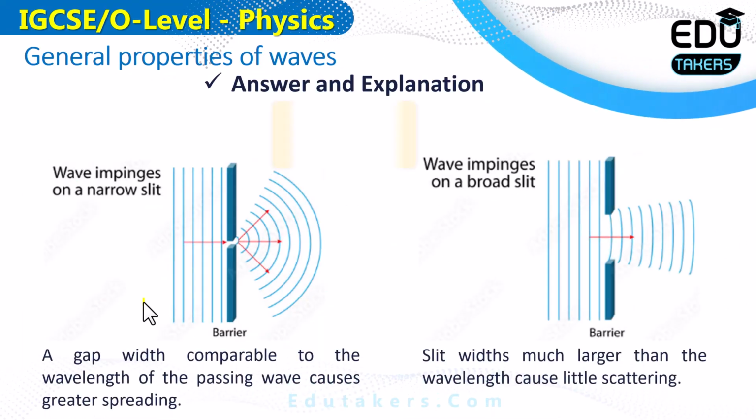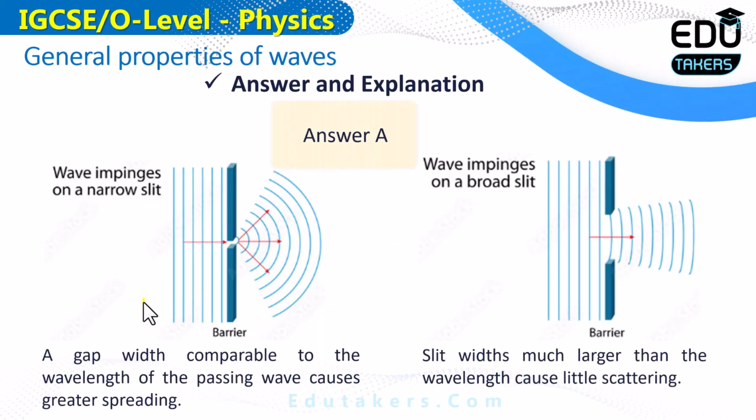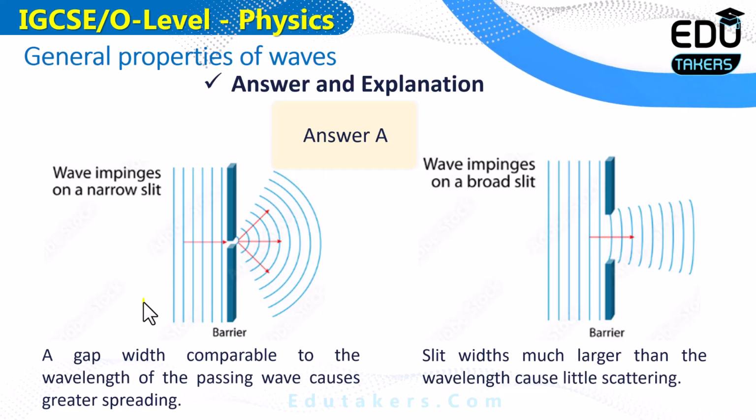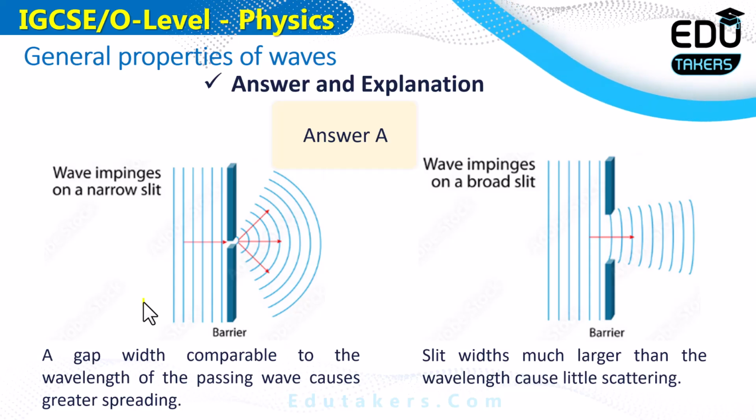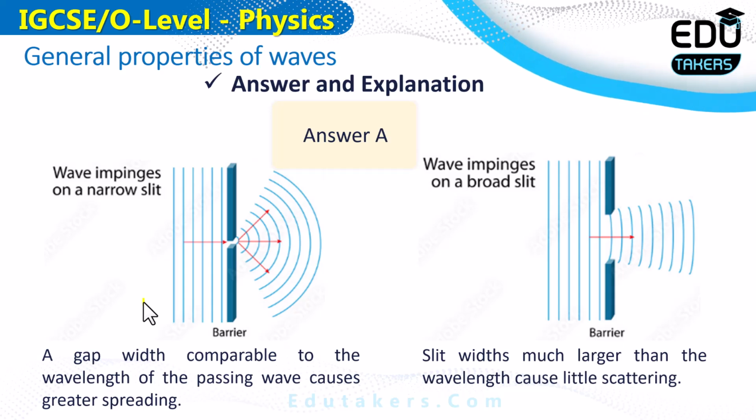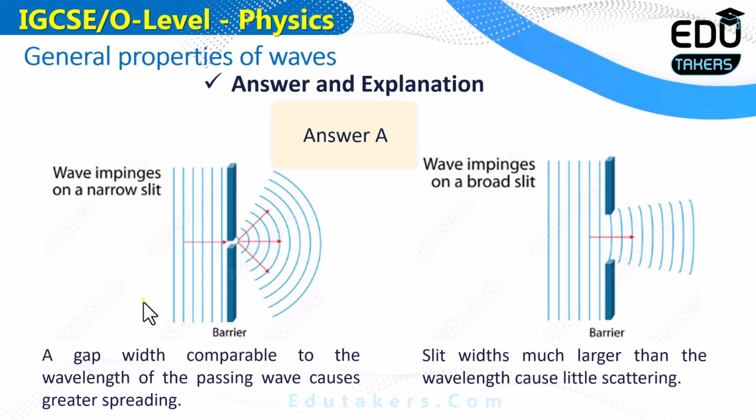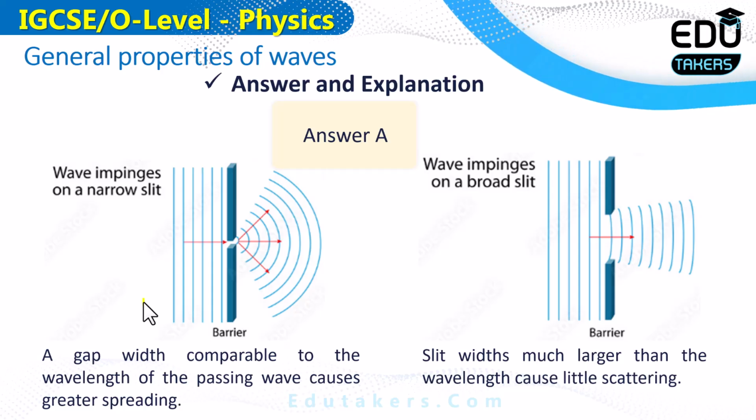In this figure you can see that in the first figure there is large diffraction and it happens only when the size of the gap is very small as compared to the wavelength. In the second figure, the size of the gap is larger as compared to the wavelength, due to which there is small diffraction.